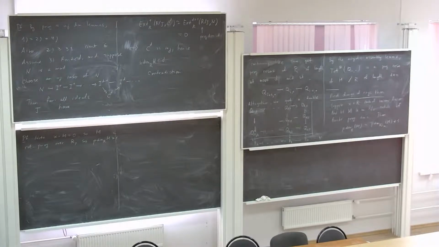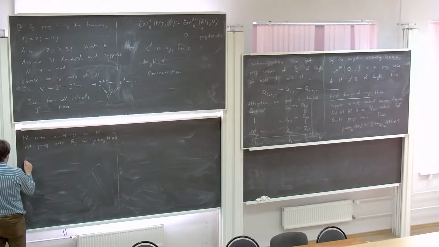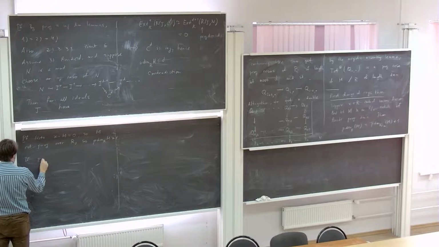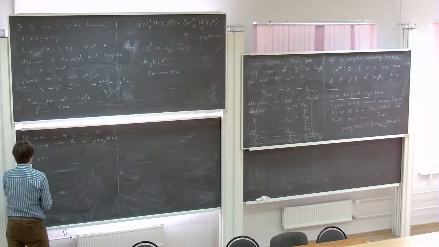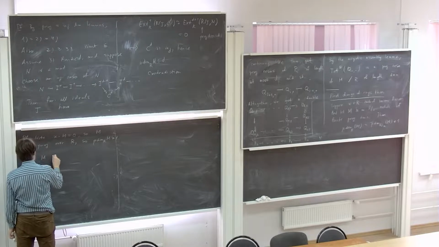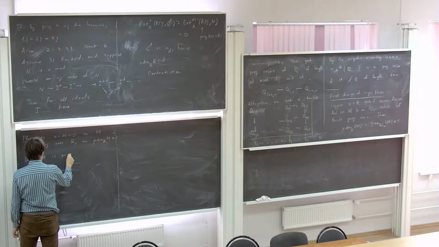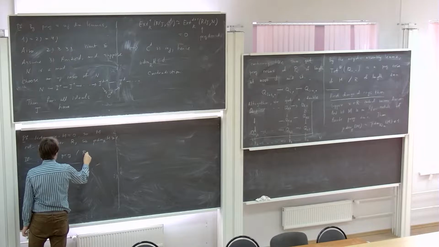So let's consider the case where it started out being 0 over R mod x. This is an equality. So suppose M is projective over R mod x.